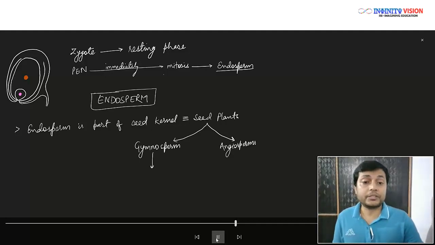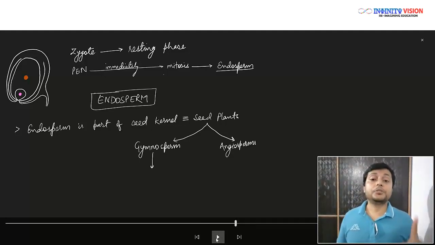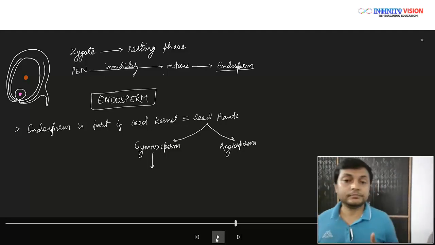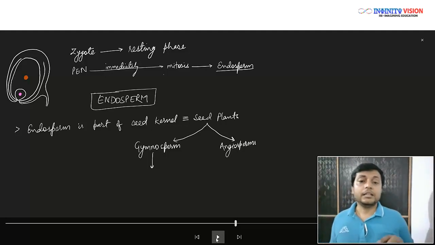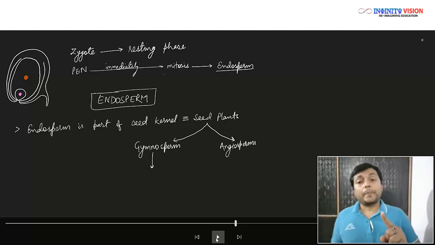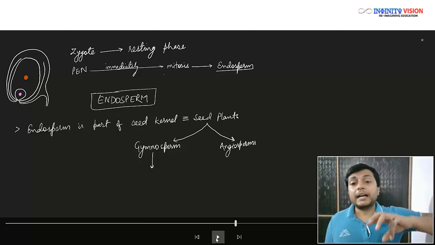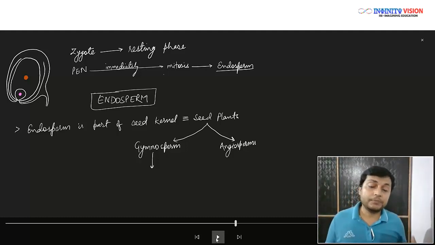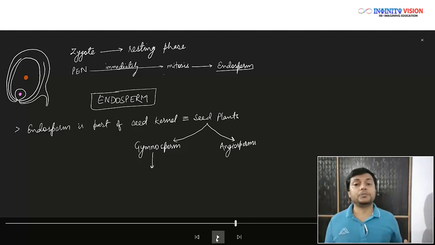Okay, you have studied that gymnosperms produce naked seed while angiosperms do not. Correct? And only gymnosperms and angiosperms are spermatophyta, that is, the plants which produce seeds. Okay. Now, so we find endosperm only in case of gymnosperms and angiosperms.